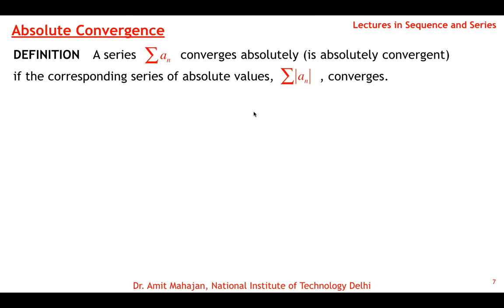But it does not say anything about when the series of absolute values diverges. Even if the series of absolute values diverges, the original series, which is a series of positive and negative terms, may converge. So we cannot decide from there. But if the absolute value series is convergent, then definitely the original series is going to converge.